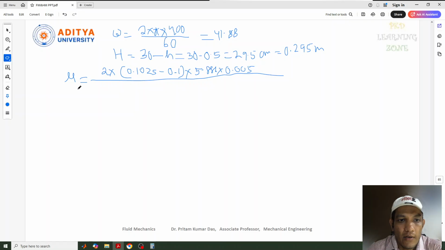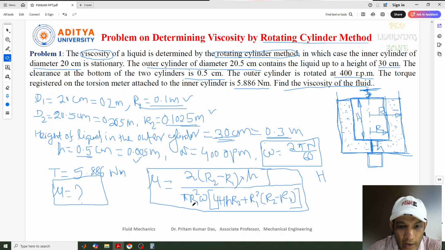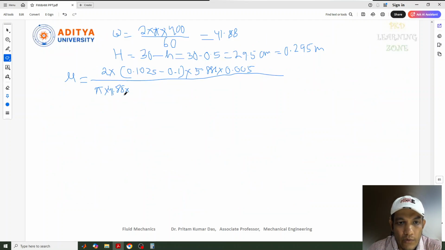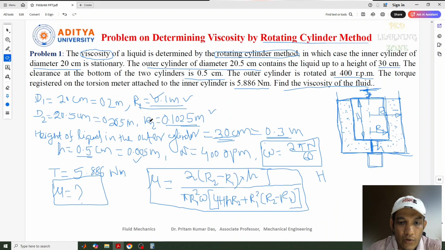Now let's write the denominator part. Pi was there, omega is there, that is 41.88, and next R1 square, 0.1 square, and then in bracket we have the value of 4 capital H small h R2.